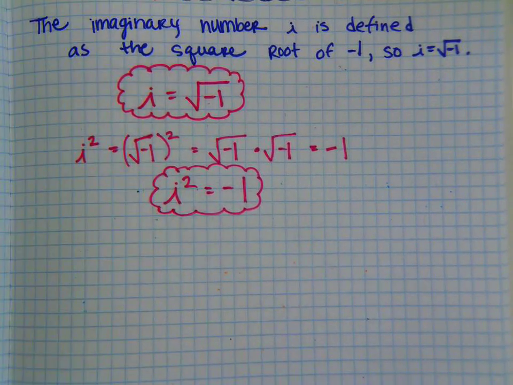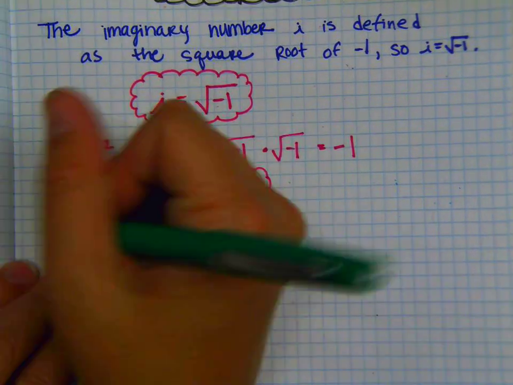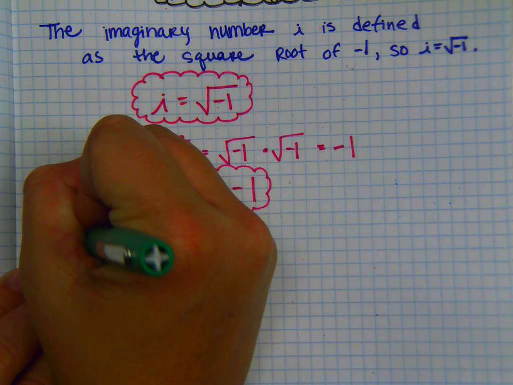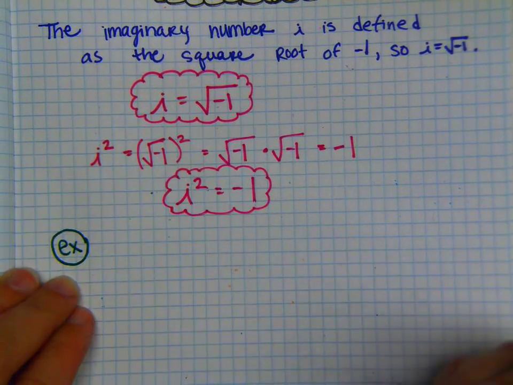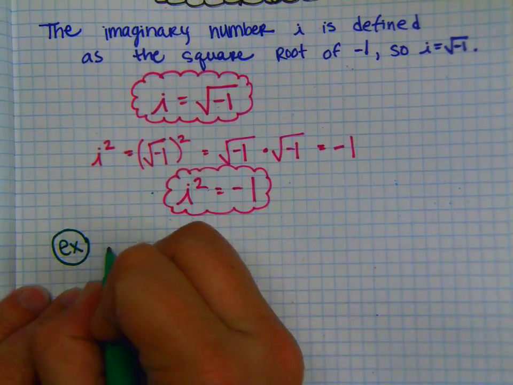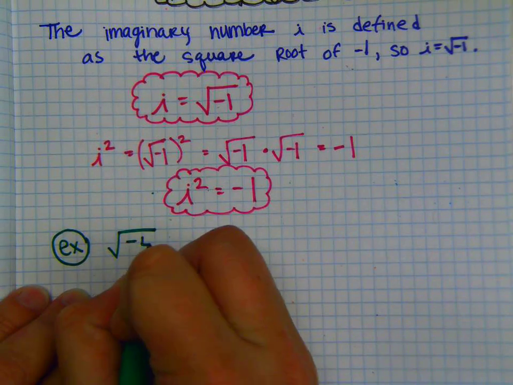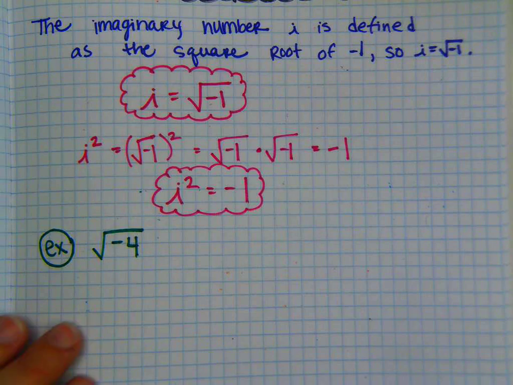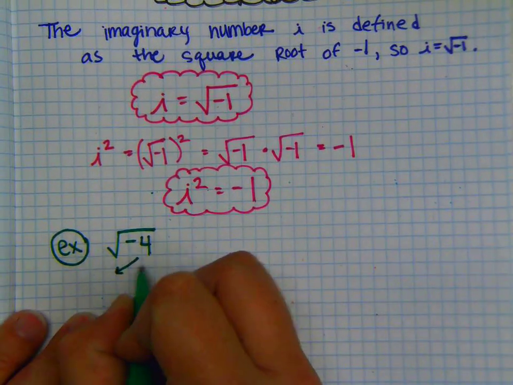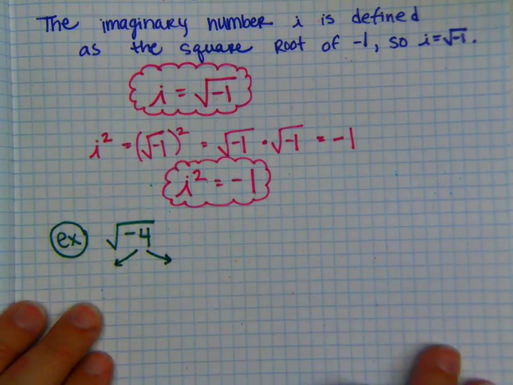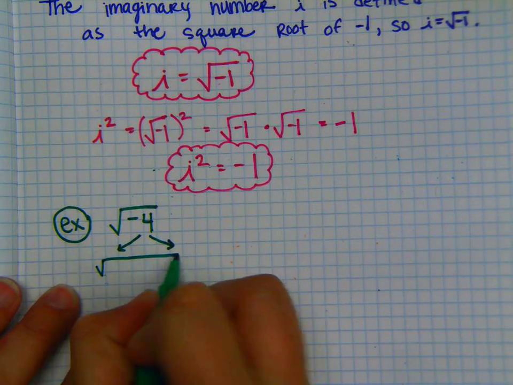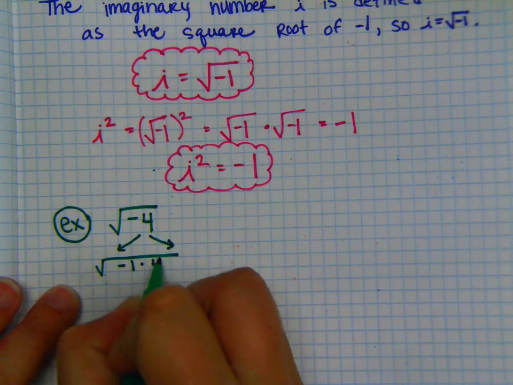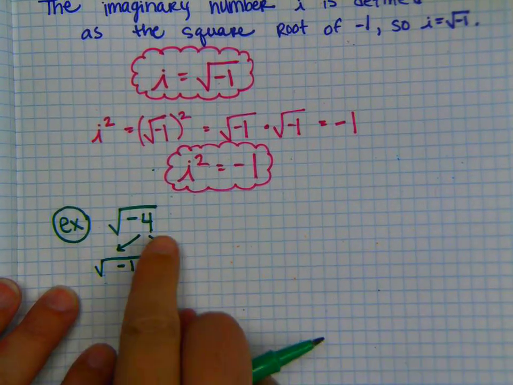So when are these used? Well, let's do a quick example. Let's say we have the square root of -4. Well, if we have the square root of -4, we can actually break this down, like we did with rationalizing, into the square root of -1 times 4, because -1 times 4 is -4.